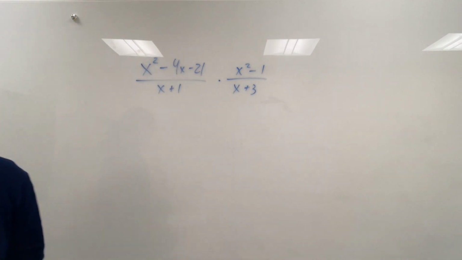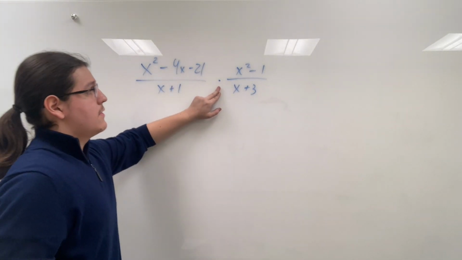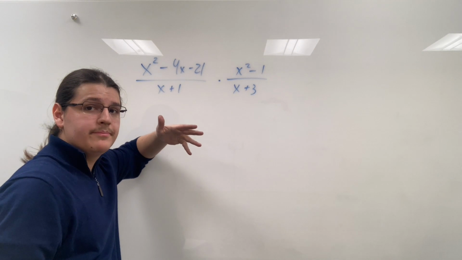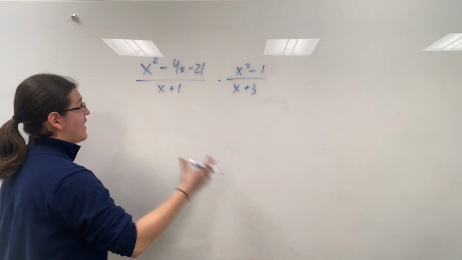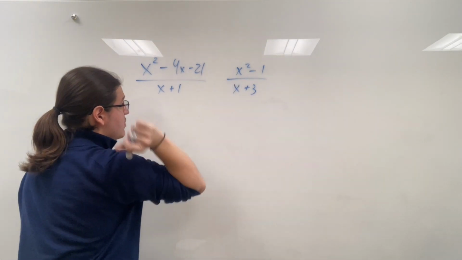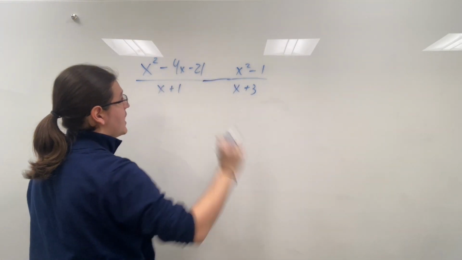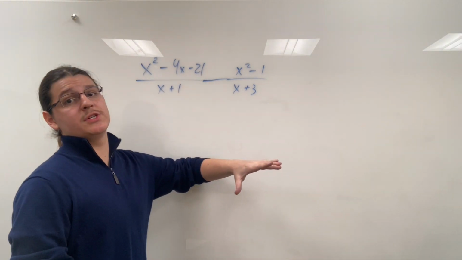Okay, now, very plain and simple. Multiplication is way easier to deal with when it comes to fractions, because we can just do that and then just connect the lines. Multiplication, far easier to deal with.